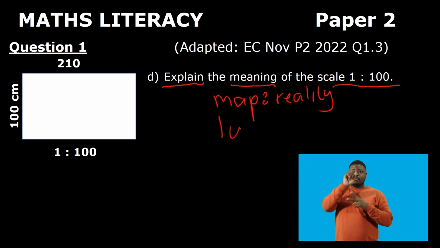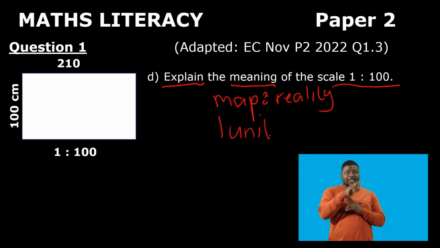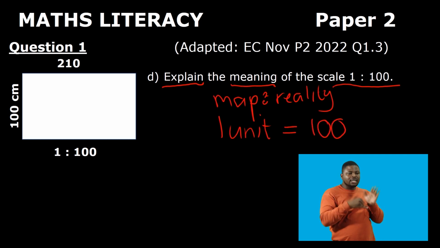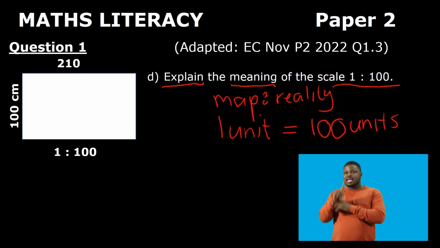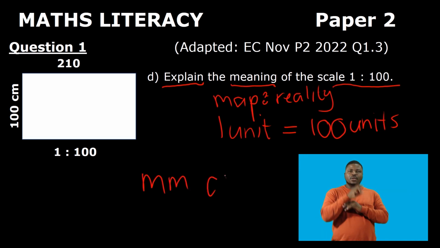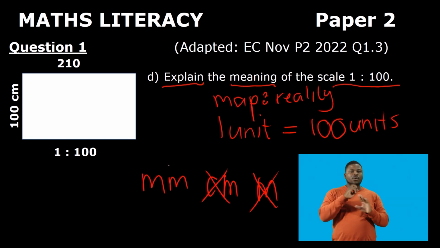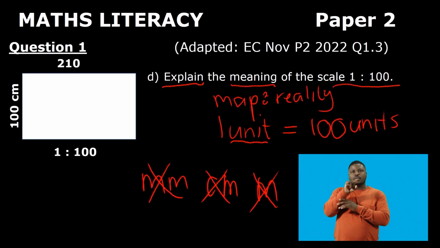Meaning 1 unit on the map is equal to 100 units in reality. Please do not use units like millimeter, centimeter or meter. You are not supposed to use them because then you say it's only true for that unit. Rather use the word units. So that is just another tip.